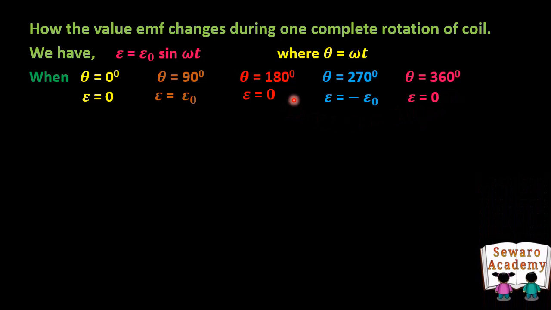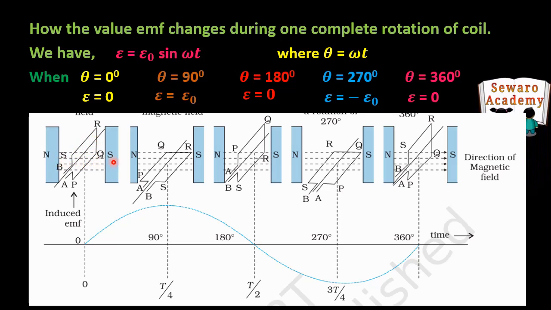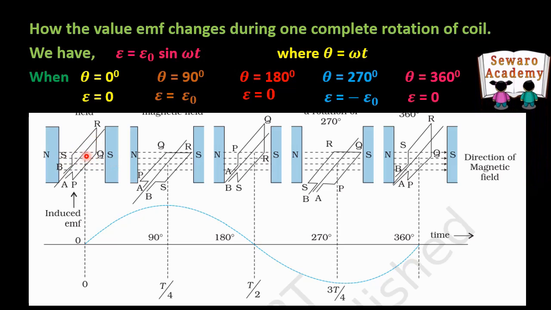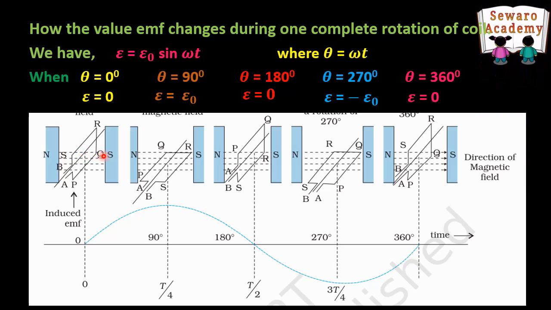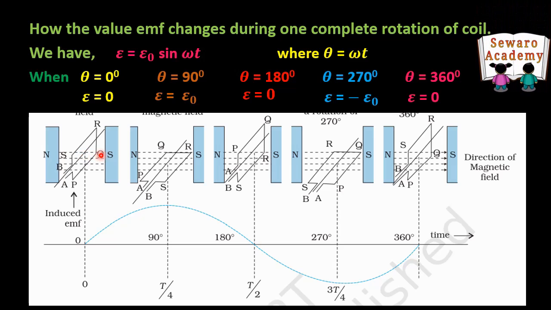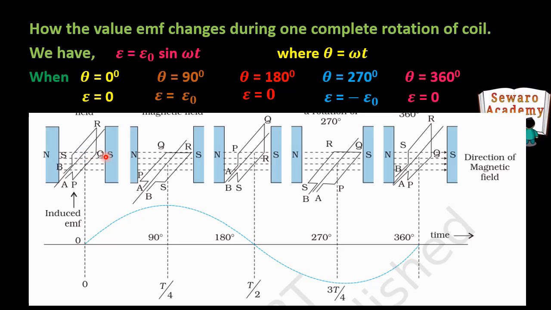Now we try to compare. This is the position where theta is 0 degree, because the coil is at 90 degree with respect to the magnetic field, but the area vector of the coil is directed along the direction of the magnetic field, so the angle between the magnetic field and the area vector is 0. So the EMF induced will be 0.